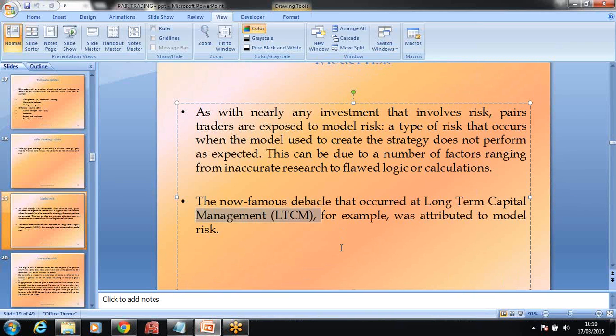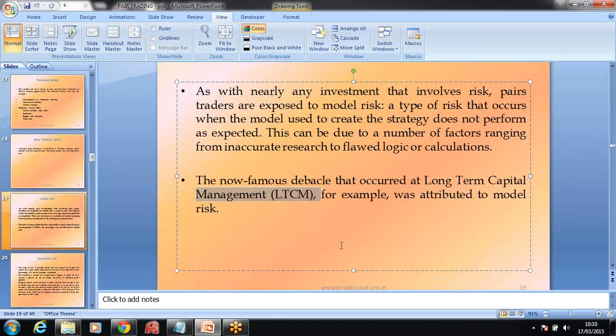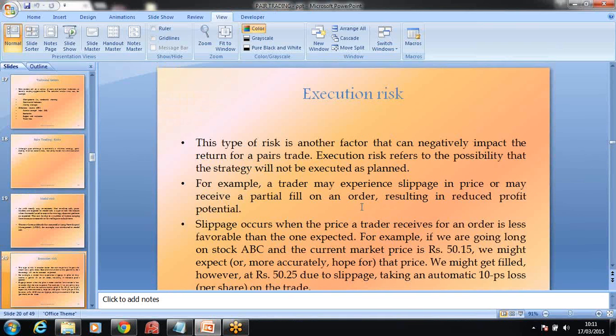This particular company went into some trades worth billions of dollars, and suddenly the ruble crashed and the Soviet Union disintegrated, and their whole calculations went for a toss, and they had to finally shut down, but not that kind of damage was done because there was a bailout for this company also. You can check this particular event, LTCM. It's a famous event where the ruble crashed like anything.